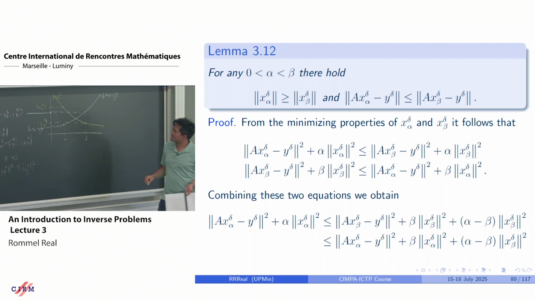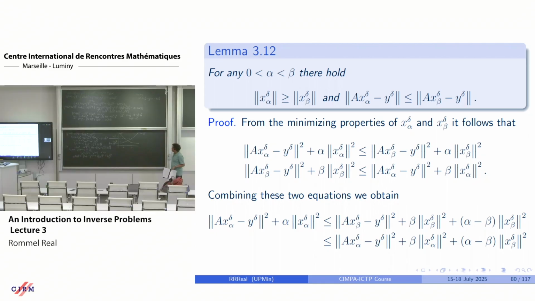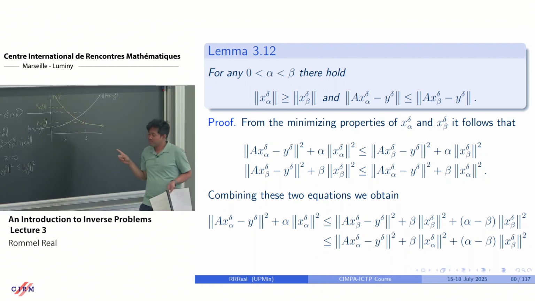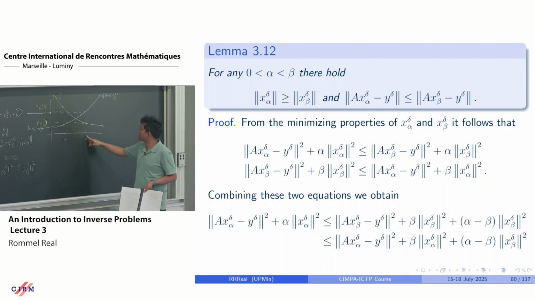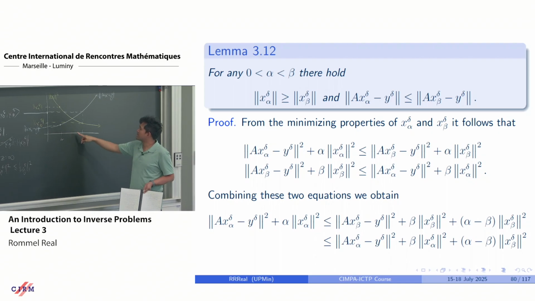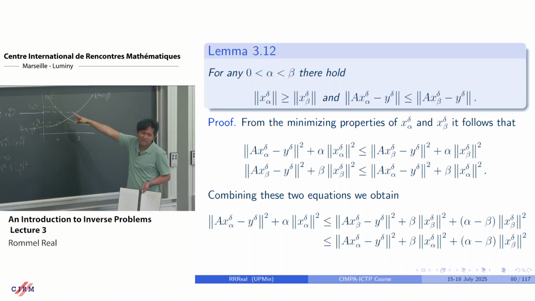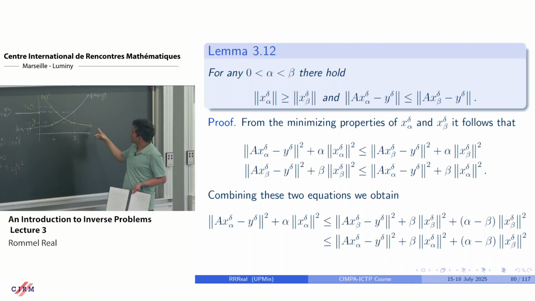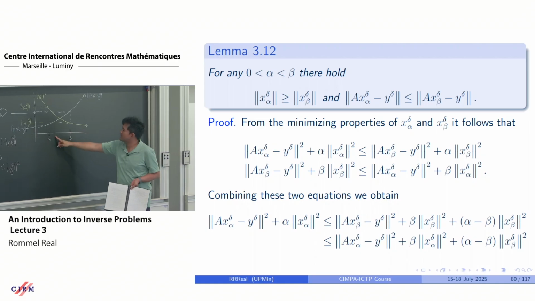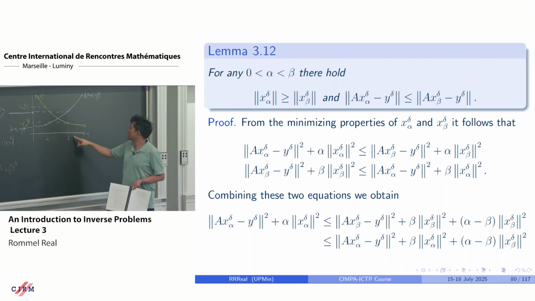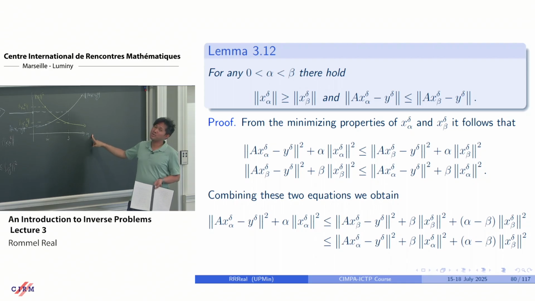Now this tells us that the norm of x, which serves as the penalty term, decreases as we increase the regularization parameter. The norm of our regularized solution decreases as we increase our regularization parameter, so that promotes stability.